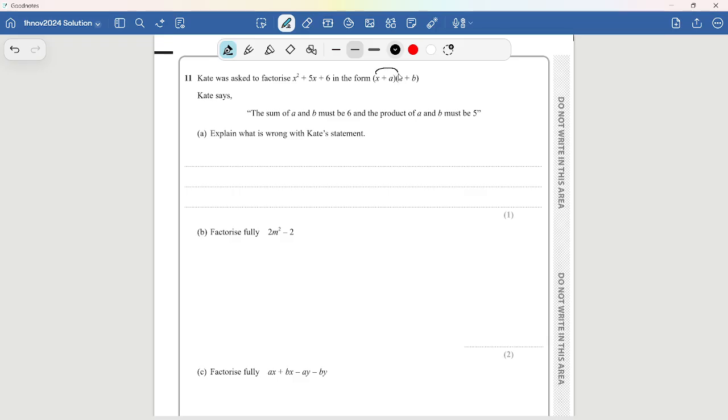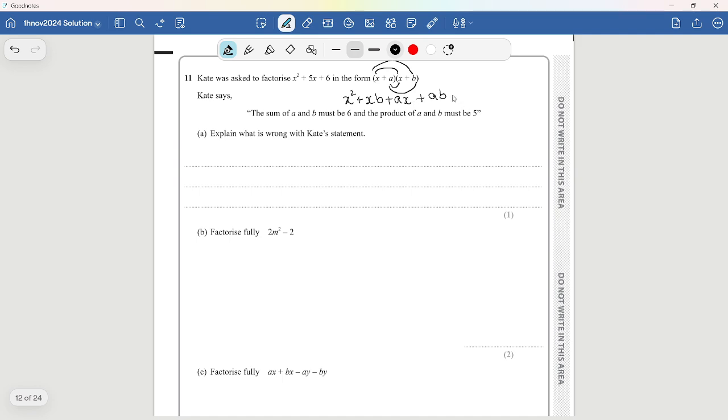So we multiply every term here to expand these parentheses. So x times x is x squared, x times b is xb, plus x times a is ax, plus a times b is ab.